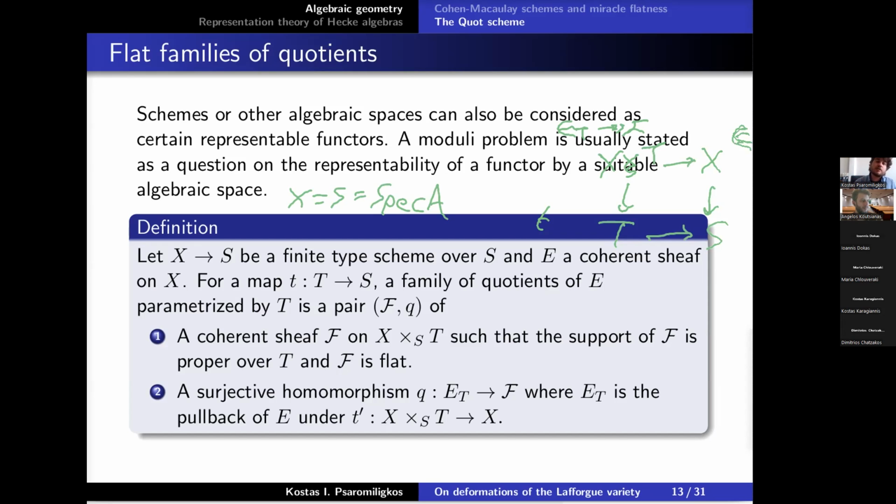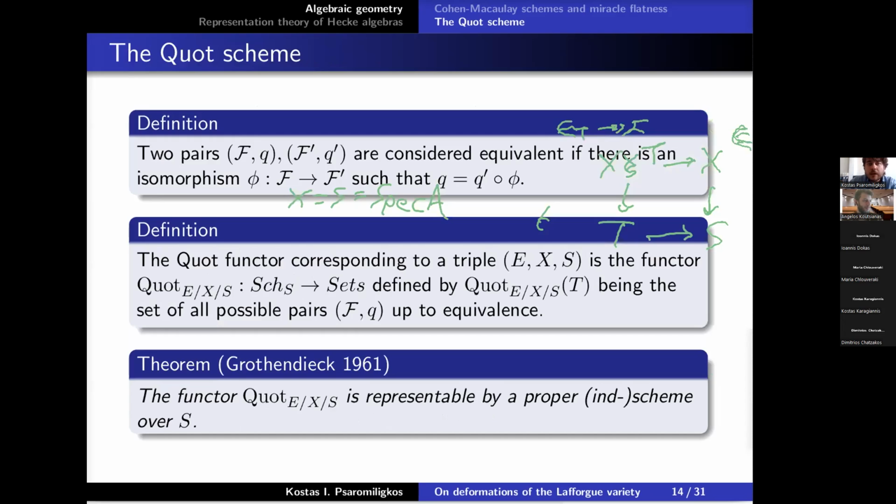So this is what a flat family of quotients is, and we also have to specify when we consider two of them equivalent, but this is what you would expect. In these quotients, you have ET, and you have two different maps.